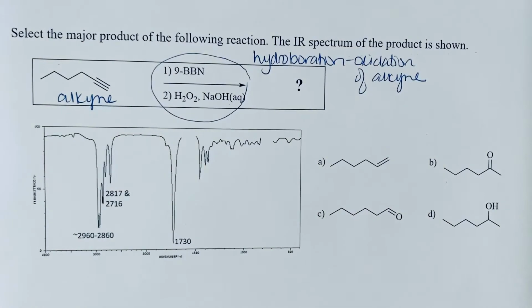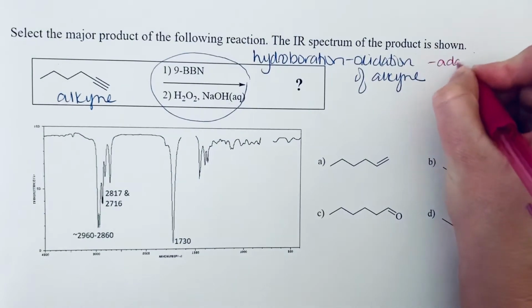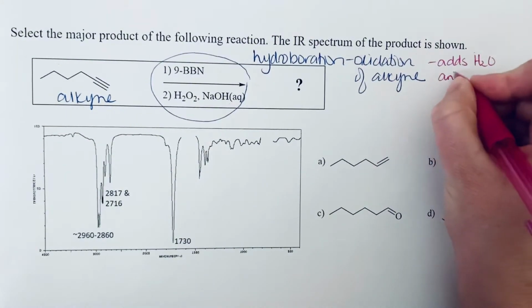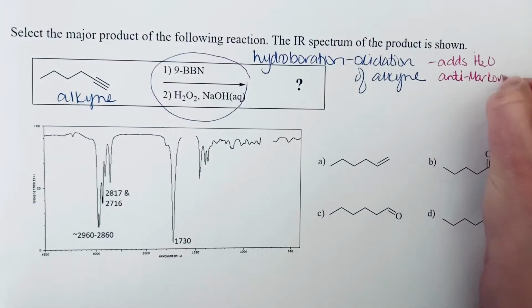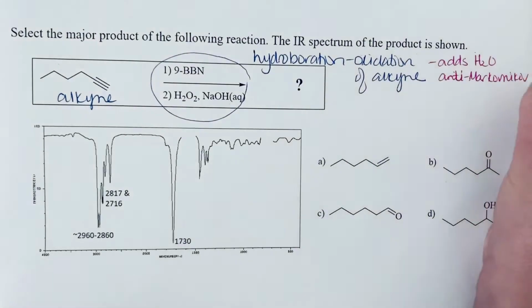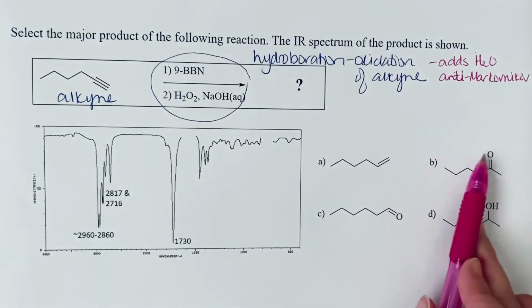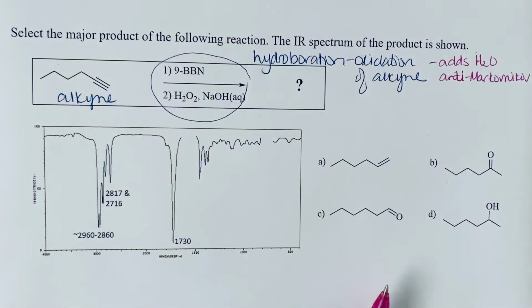And so hydroboration oxidation is a way to add water in an anti-Markovnikov fashion across a pi bond. And so what that means, anti-Markovnikov, is that rather than the hydrogen going to the more substituted carbon, to the less substituted carbon, and the alcohol going to the more substituted carbon, we see the reverse.